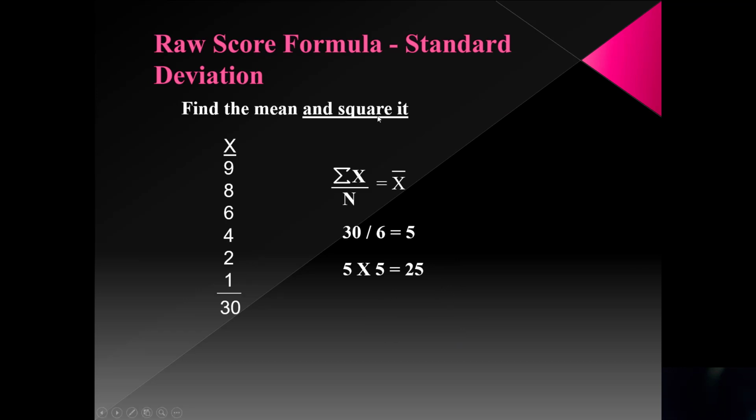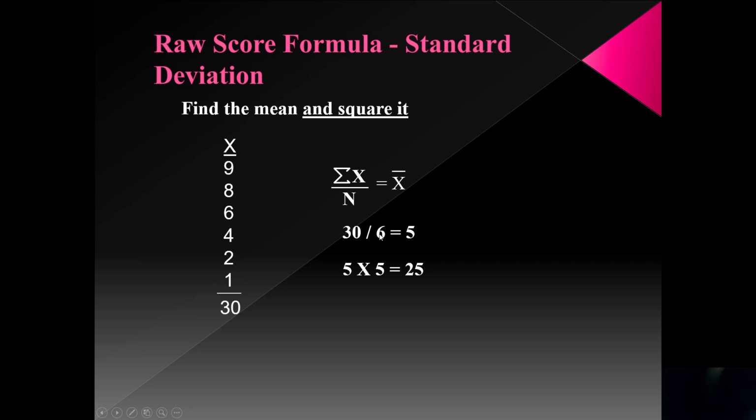And then you have to find the mean and square it. Remember the formula for the mean: the sum of the values divided by the number of values. For the sum of the values, we add up the original column of numbers and get 30. We have 1, 2, 3, 4, 5, 6 numbers, so that's the n.